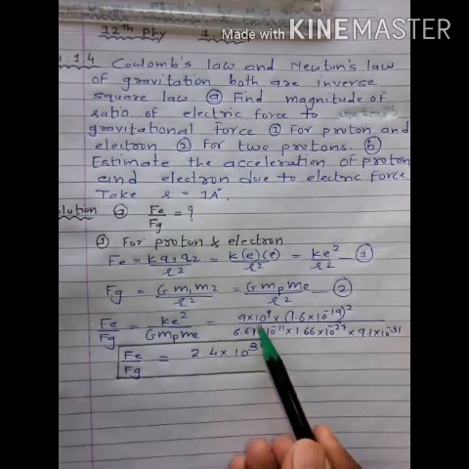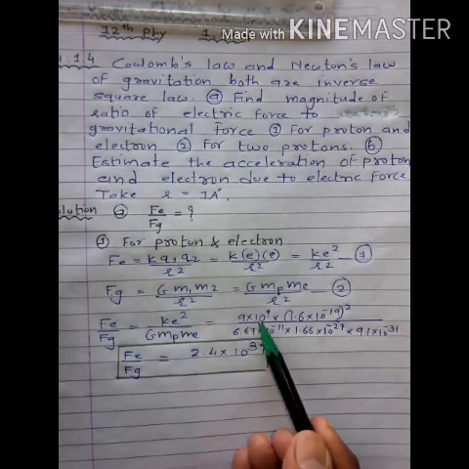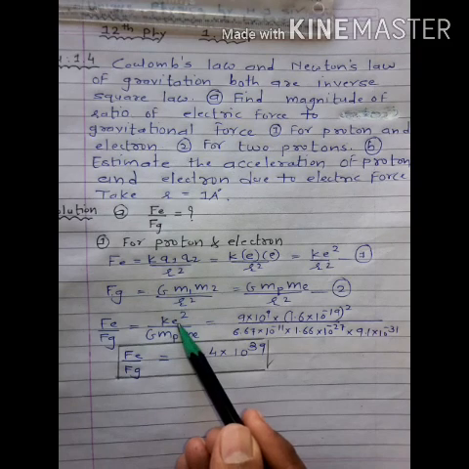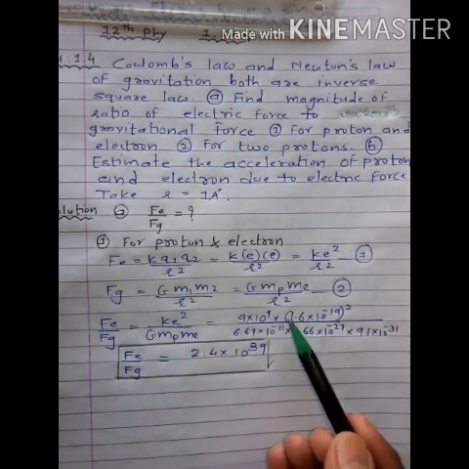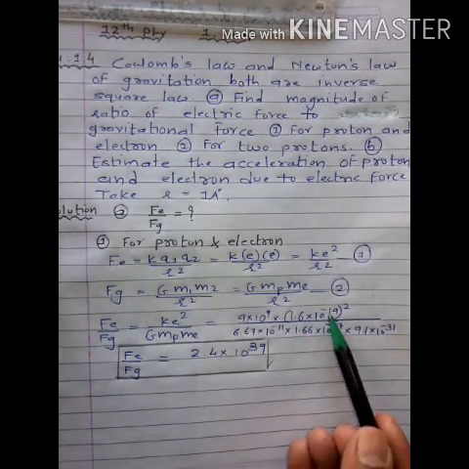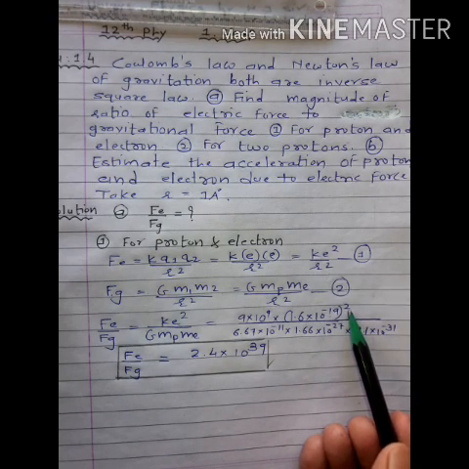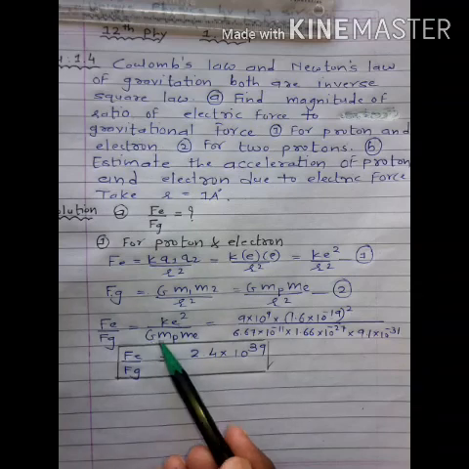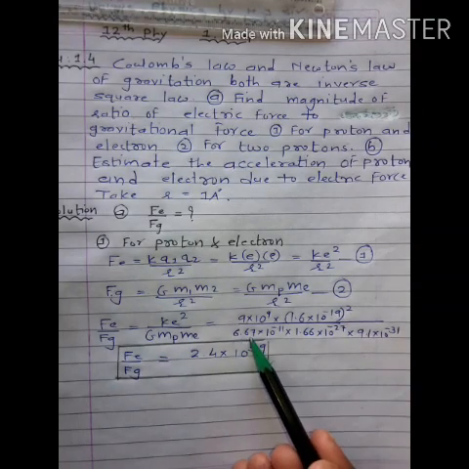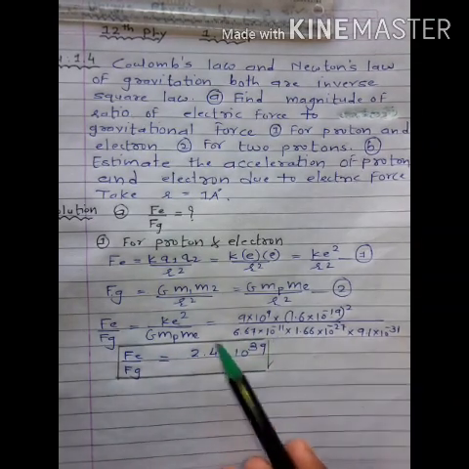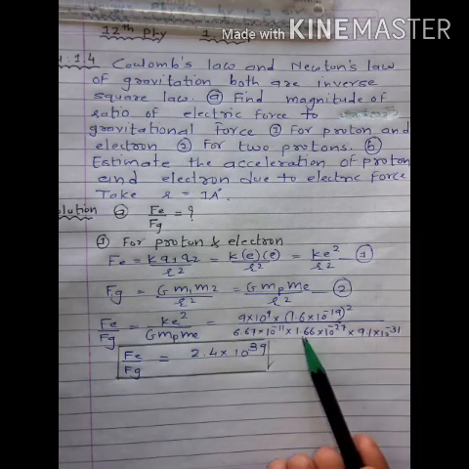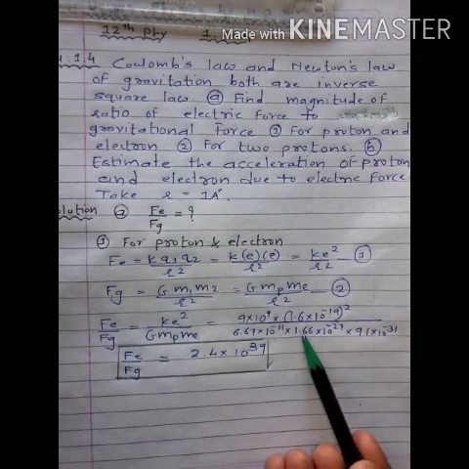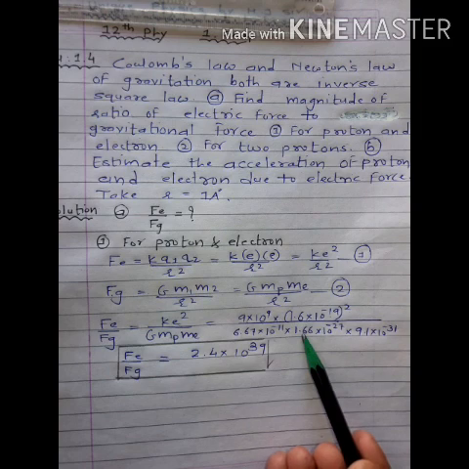K means the Coulomb constant. Its value is 9 into 10 raised to 9. e square, the basic unit of charge, is 1.6 into 10 raised to minus 19 whole square, divided by G, the universal gravitational constant, which is 6.67 into 10 raised to minus 11. mp, the mass of the proton, is 1.66 into 10 raised to minus 27 kilogram.